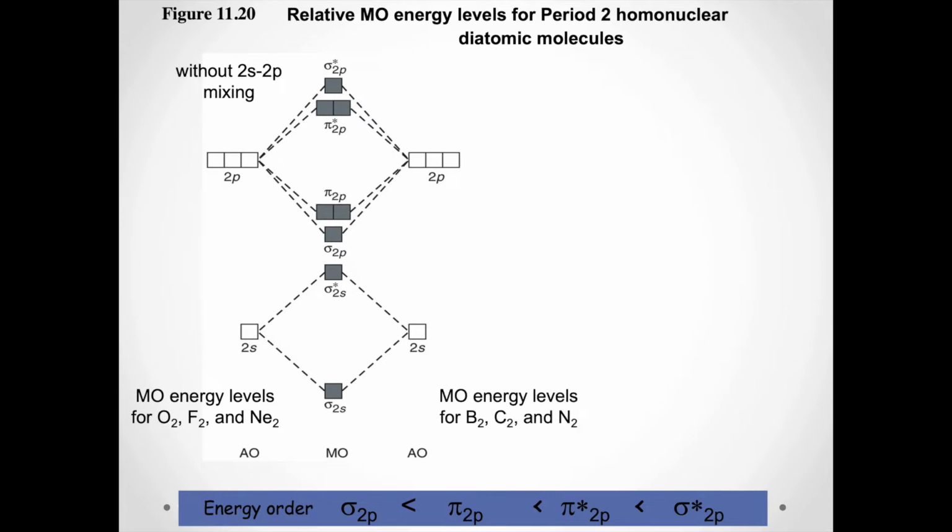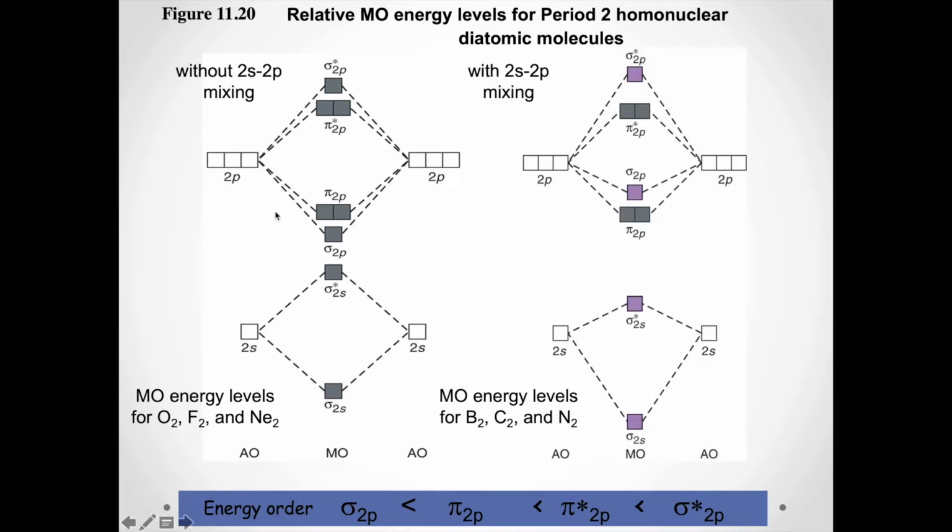This is all about the differences of the relative molecular orbital energy levels for period 2 homonuclear diatomic molecules. As you can see from here, this is where we have the energy levels for oxygen, fluorine, and also neon.